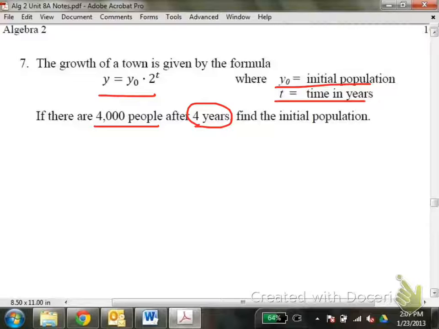Y0 is our initial. Do we know what the initial is? No. So where does 4,000 go? Into y. So this is going to be 4,000 equals y sub 0 times 2 to t. What is t for?